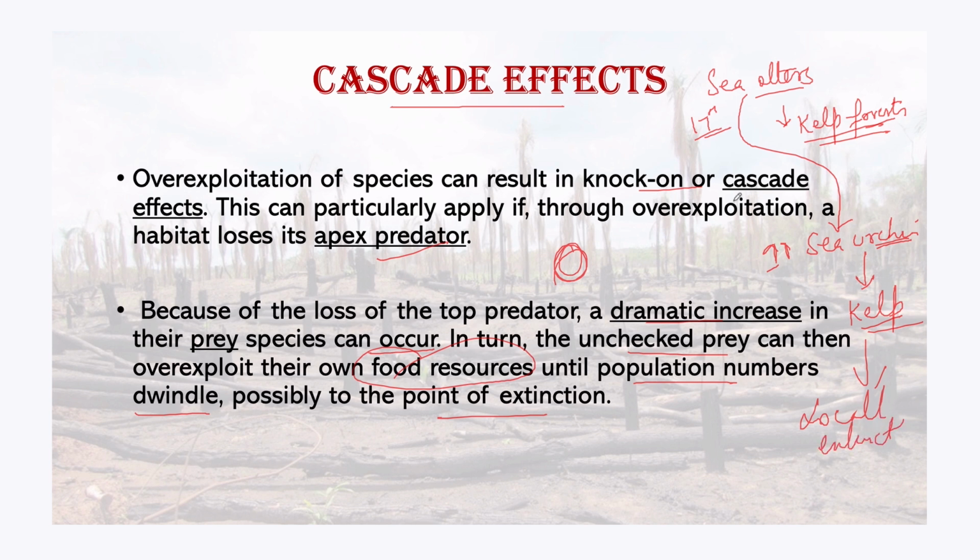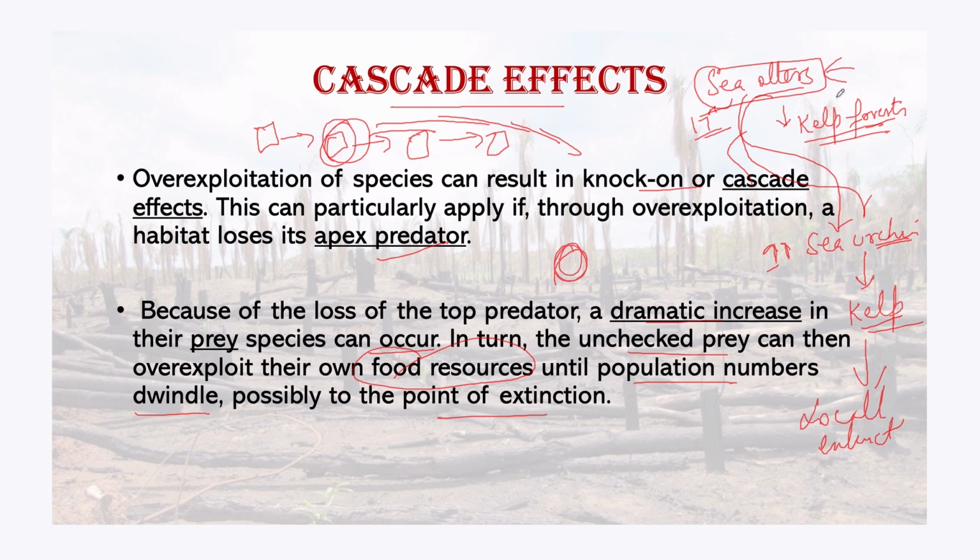So this is how the cascade works, so many things are connected with each other. If there is a problem in one of them, the effect will trickle down, right? For example, the sea otters used to feed on the sea urchins. When there were no sea otters present, there were a lot of sea urchins. All the sea urchins need a lot of food.